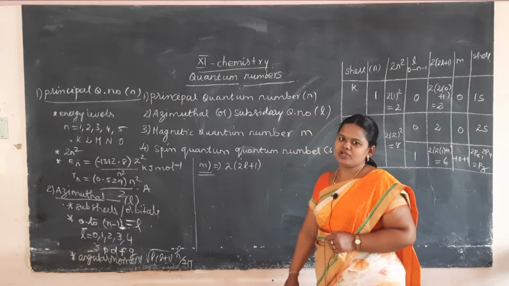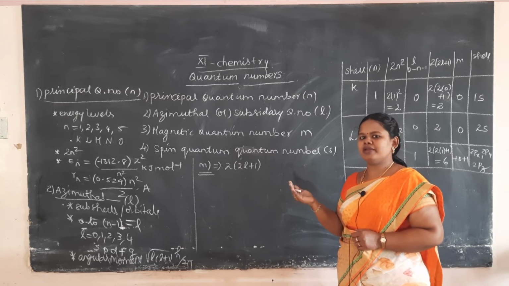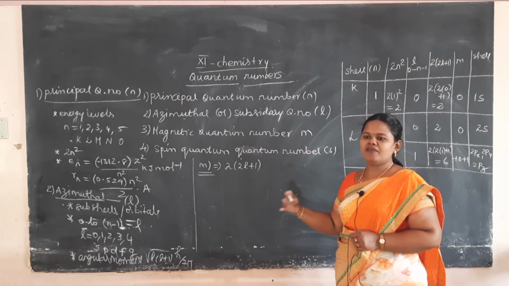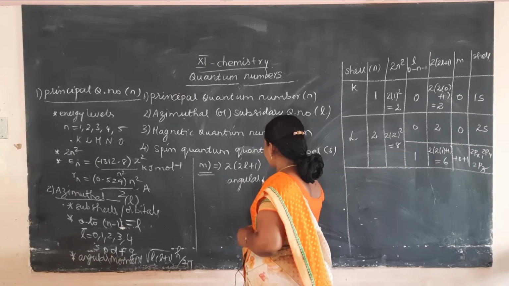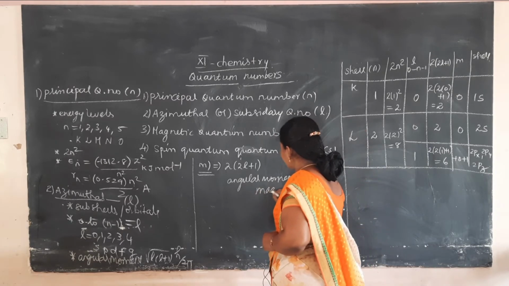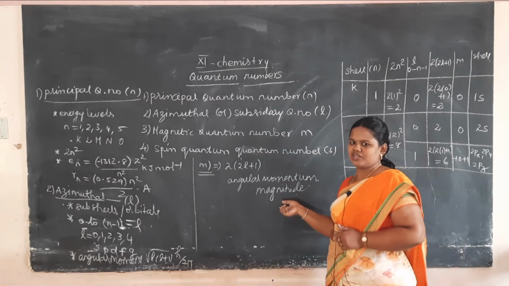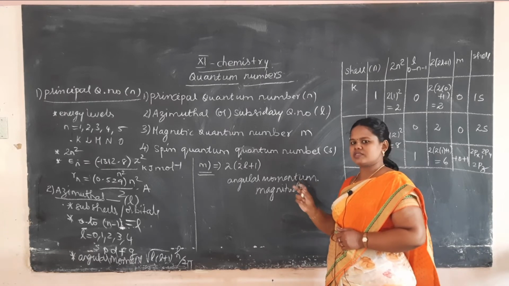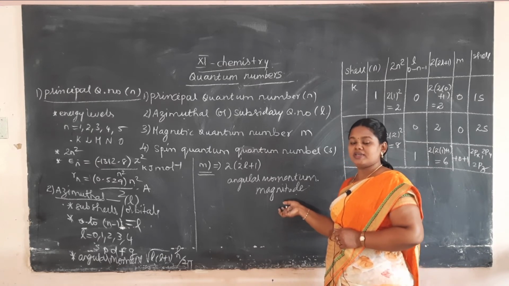Here the angular momentum's magnitude is determined by the azimuthal quantum number L, and its direction is determined by the letter M. So these are the important points that you have to notice.